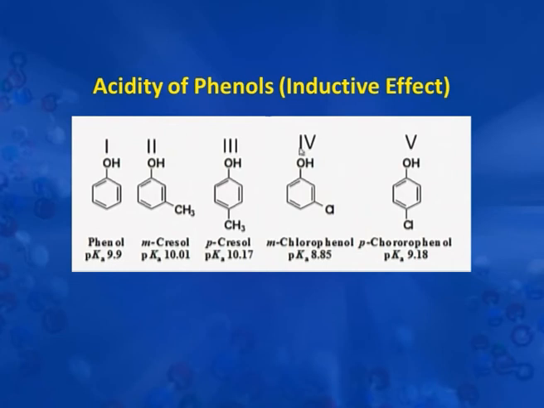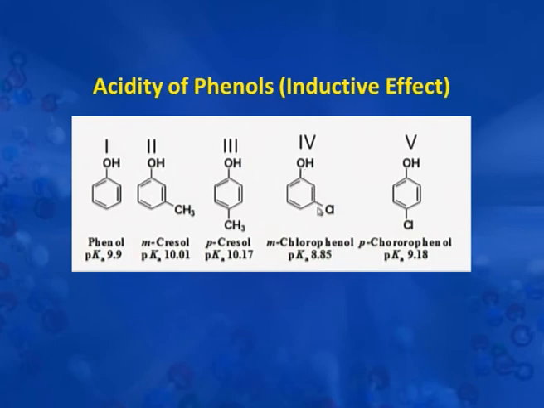So, we can very easily say that compound number 4 and 5 will have more acidity compared to compound number 2 and 3, but out of 4 and 5 which should be more acidic will be decided on the basis of distance of the electron withdrawing group, that is the minus I group, from the hydroxy group.